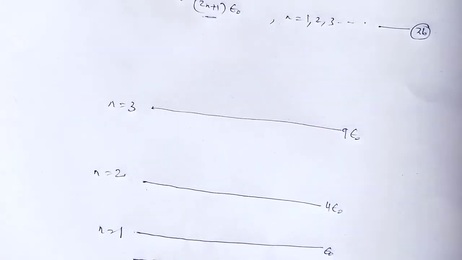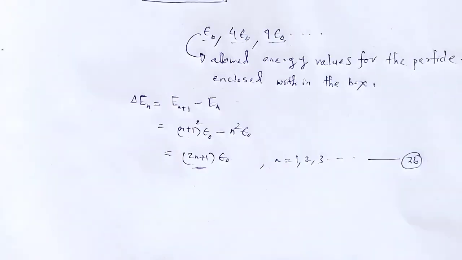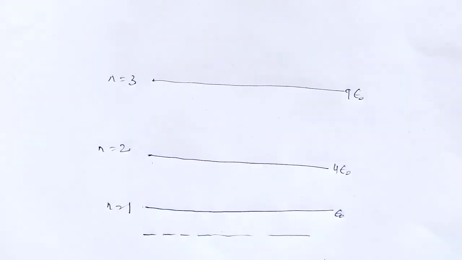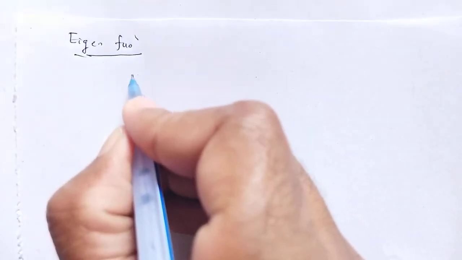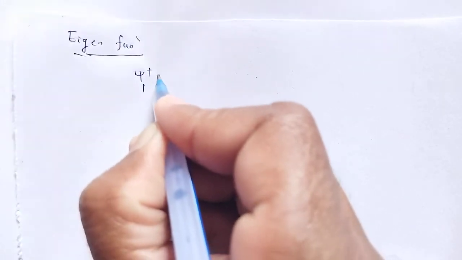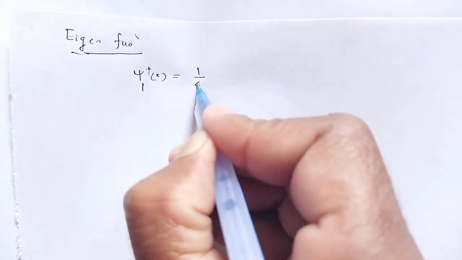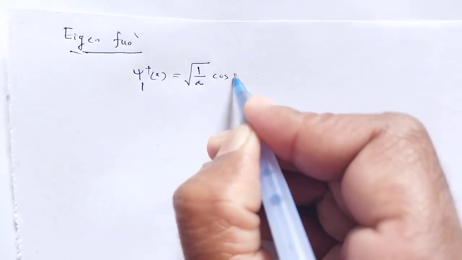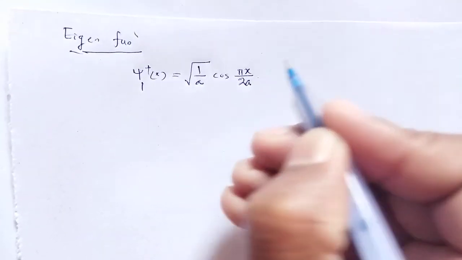Now, what should be the eigen function and probability distribution? The eigen functions representing the particle for n equal to 1, 2, 3 are in the form: psi 1 plus x is 1 by square root of a cos pi x by 2a.